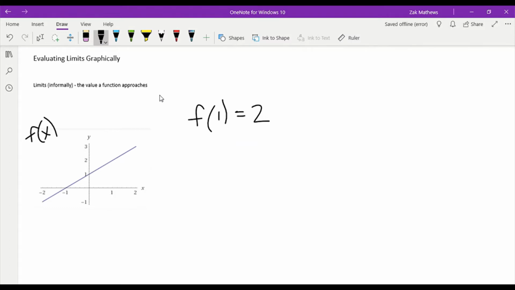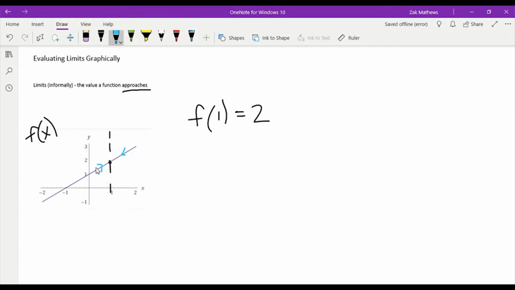A limit is all about the approach. That is the key. And so if I'm talking about the limit at 1, we are looking at what y value I am approaching as my x's go to 1. So I'm looking still at this point right here, and it happens to be that point, but really we're looking at what happens on this function as my line gets close to this dotted line. So if we look at arrows on either side of that, we can see that to the left we're approaching that 1 point, to the right we're also approaching that 1 point.